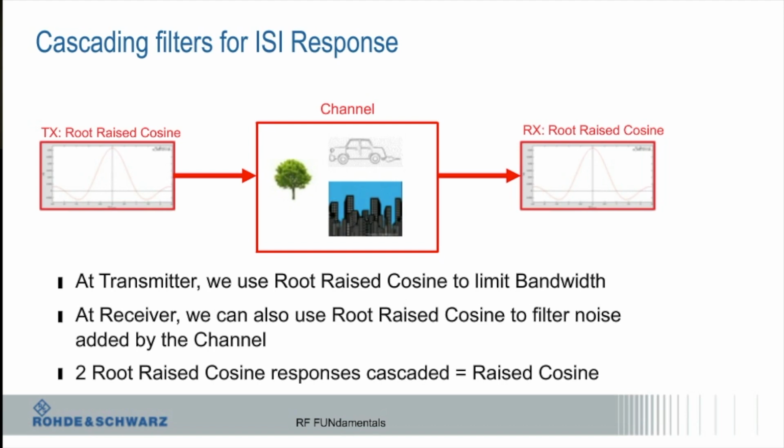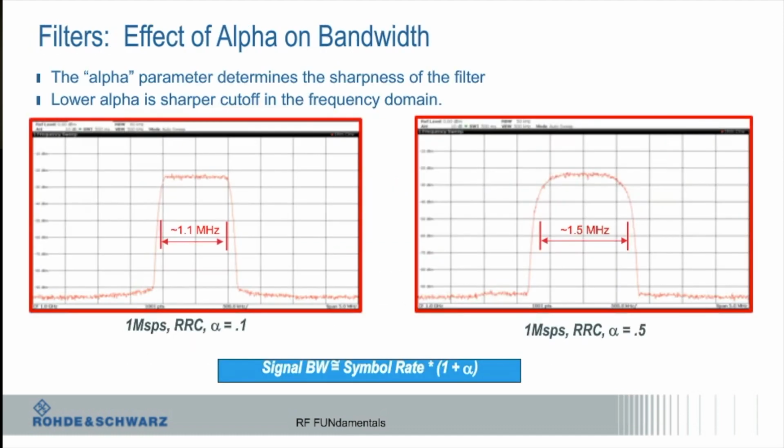The handset, you want to make cheap and simple. So at the receiver, you could also use a root raised cosine to filter the noise added by the channel. And if you cascade two of them together, you get a raised cosine. So that's one of the more common ones that you would see, but with not as tight specs.